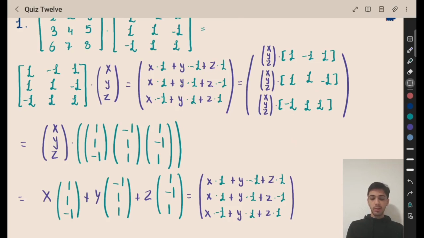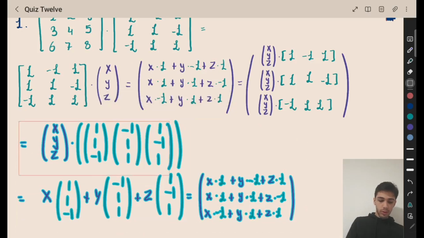Now, what happens if I take this matrix multiplication and I do the following.